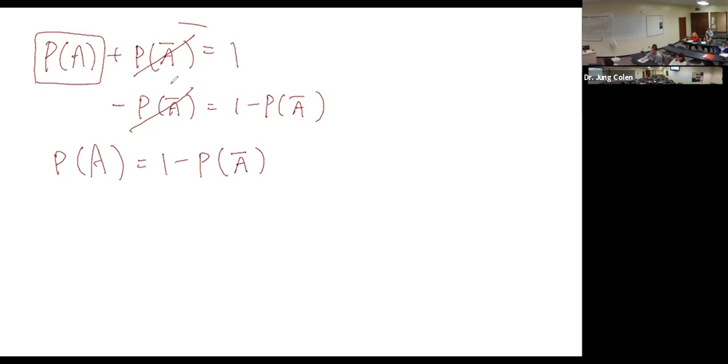Same for the probability of the complement of A. Let me start with the same statement. The probability of A plus the probability of the complement of A is 1. To solve for A complement, we can take it away because it's added, by subtracting the probability of A on both sides, right?